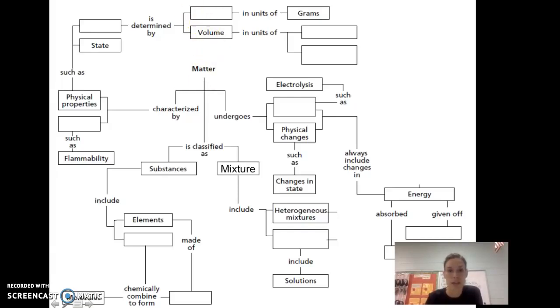If we follow it down, matter is classified as substances and mixtures. And then going this way, substances include elements and compounds. Elements are made of atoms, which chemically combine to form molecules. You kind of make sentences out of here, right?